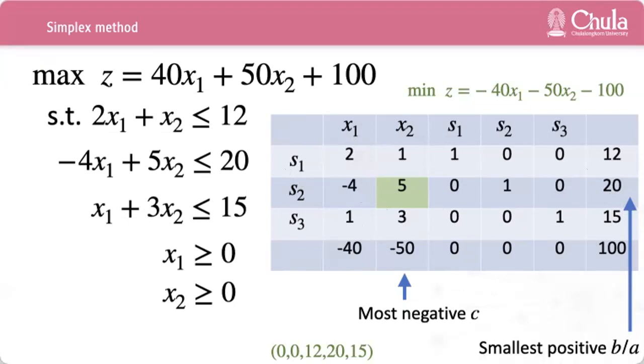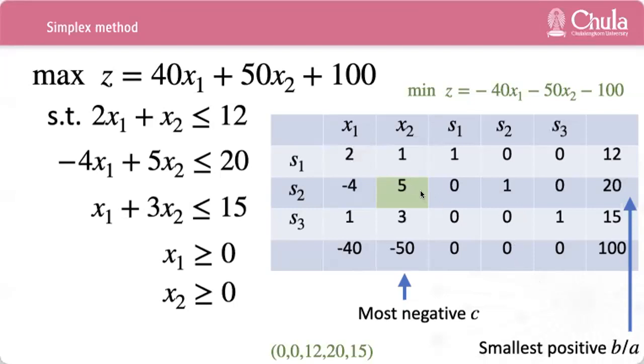Sorry, Ajahn, if we have any a to be negative? We don't do that. If any a is negative, we don't consider that line. We consider only when the a is positive, right?